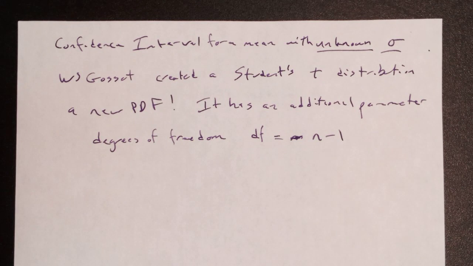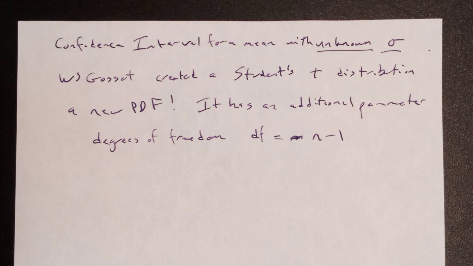The best part about this is that all I need to do is look up a new table. Gossett spent years doing practical experiments and calculus to get another table.